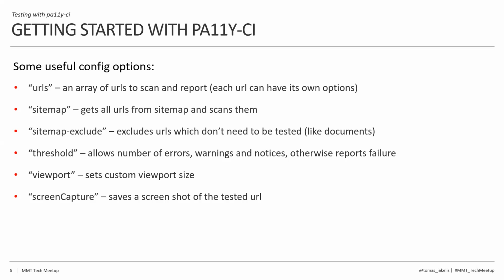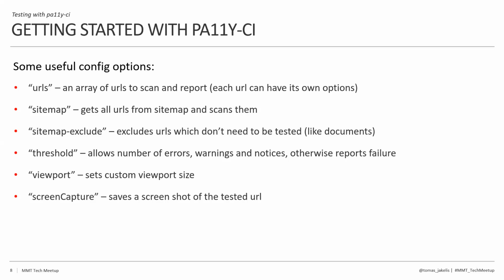Then there's the threshold option, which basically allows a number of errors or warnings in the build. If that is exceeded, it will report failure. I think that is a useful option for bigger projects.